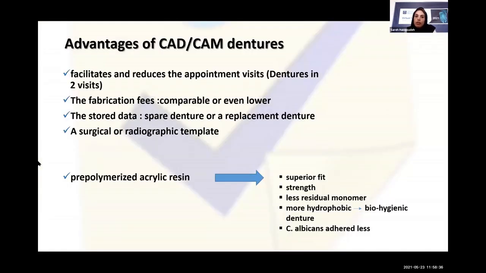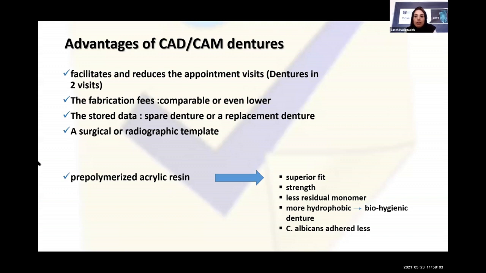Therefore, the advantages of having a complete CAD-CAM denture consist of a reduction in the appointment visits, which is 2 or mostly 3. The fabrication fees will be comparable or even lower than the conventional dentures. One of the most advantageous features of these CAD-CAM dentures is the ability to restore the data. You can have the impression making and the jaw relation records in only 1 clinical session.